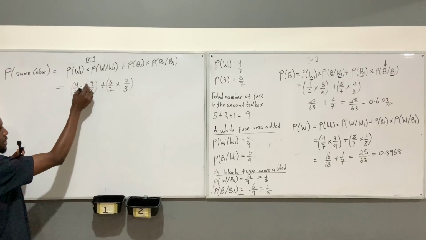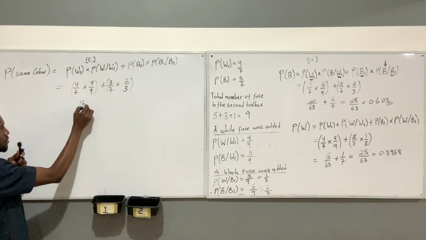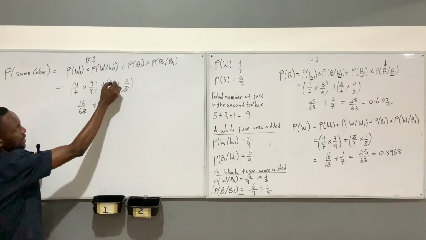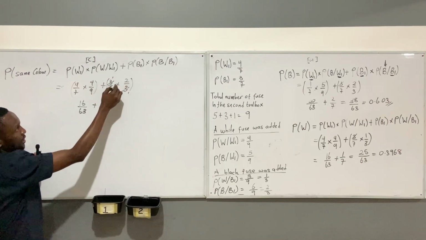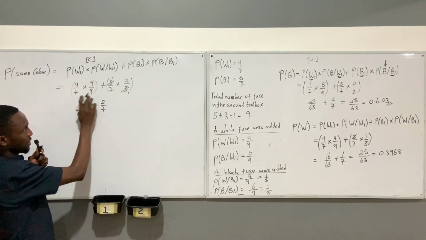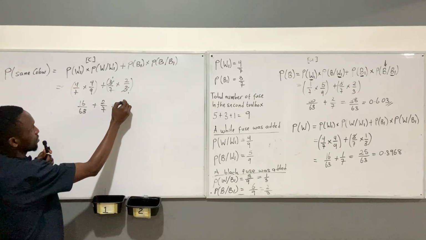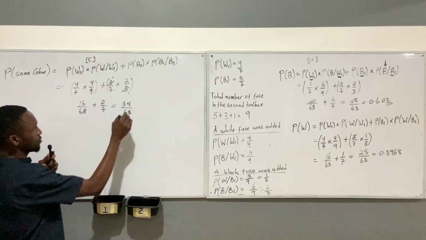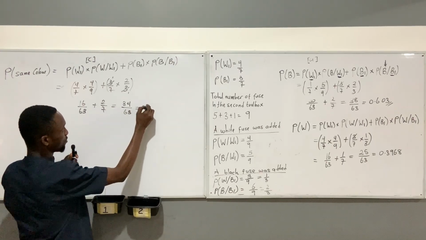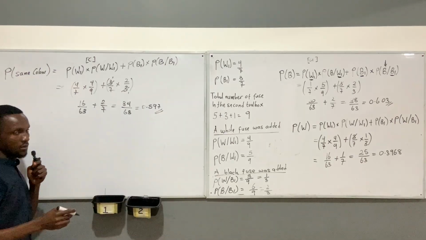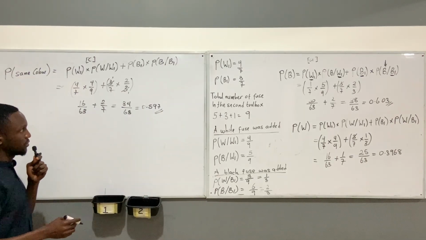So this time, we are having 16/63 plus, when you cancel this, we have 2/7. So when you punch everything here on the calculator, you have 34/63. So this is going to give us 0.597.